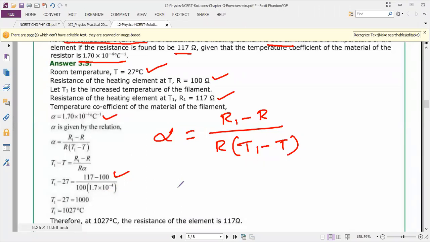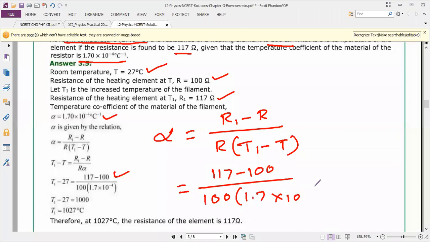So 117 minus 100 divided by 100 into 1.7 into 10 power minus 4. Just do the simplification, and we will get the value of T1, which is equal to 1027 degrees Celsius.